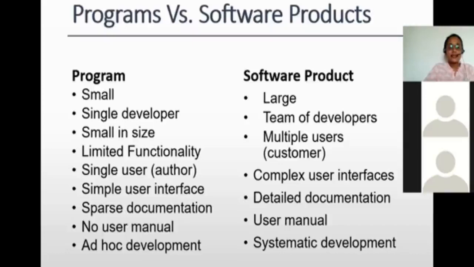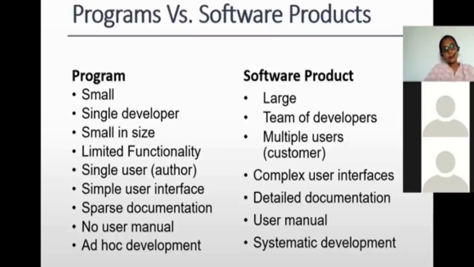So we have a little information, or sparse documentation. But when it comes to software, different developers are involved. So there are coding standards and other information. Those are very important for that particular software. So we need that kind of detailed documentation for software.